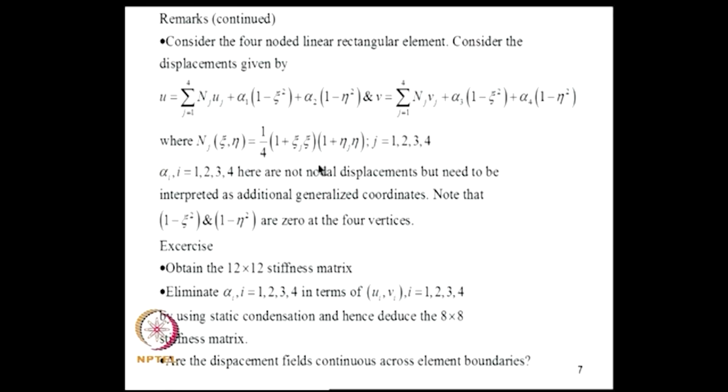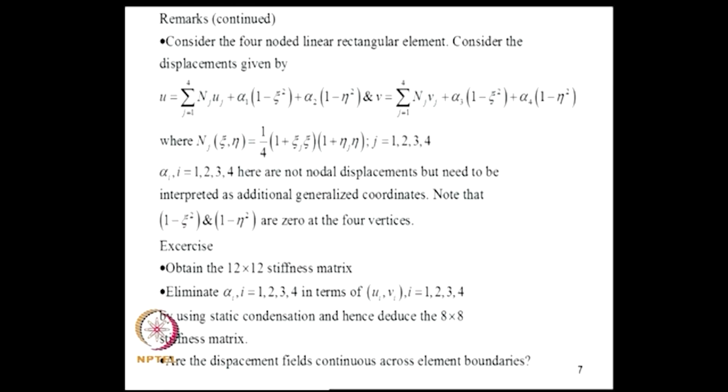So, there will now be 12 degrees of freedom for the element: 4 nodal displacements u1, u2, u3, u4 and 2 generalized coordinates alpha 1 and alpha 2. This is 6 for u, similarly 6 quantities for v.